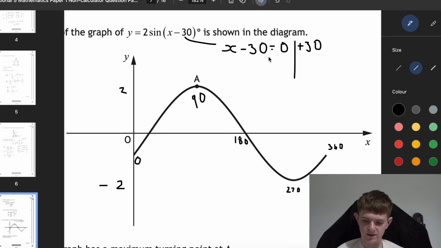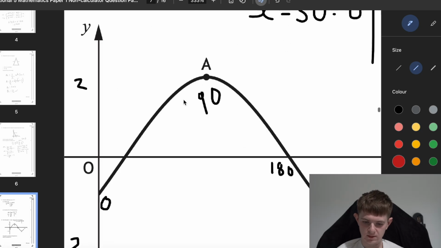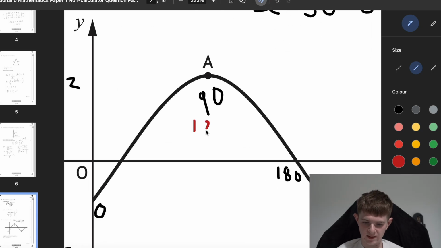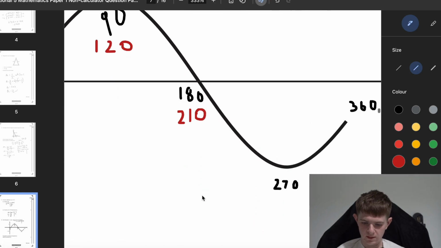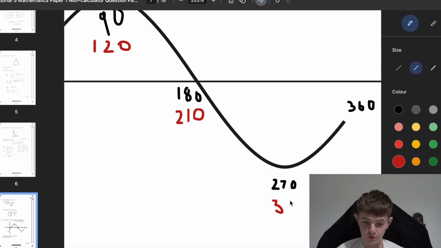So rather than 90, we're actually going to have 120, 210, 300, and 390 as well in there.